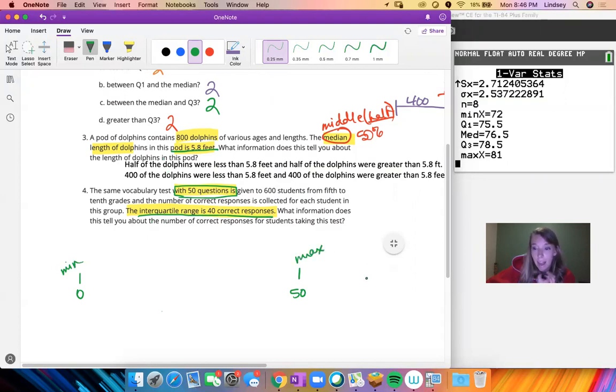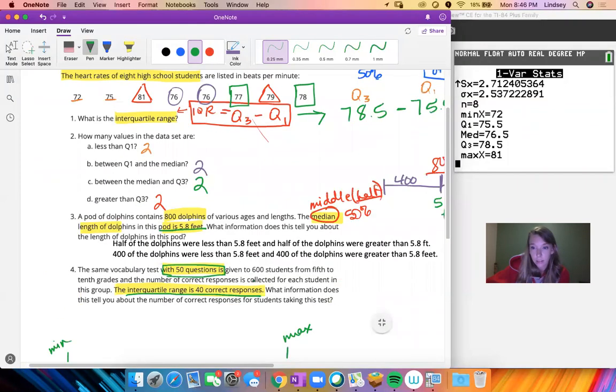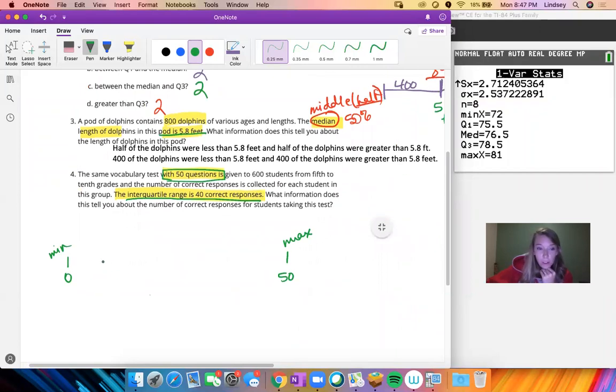Remember the IQR describes the box. Well, my box is 40 of the total length. It's going to be a big box.